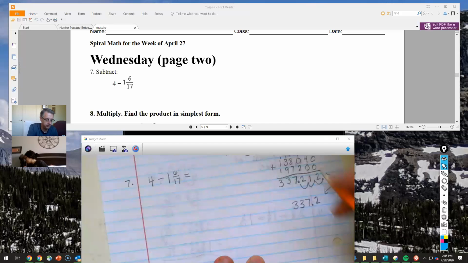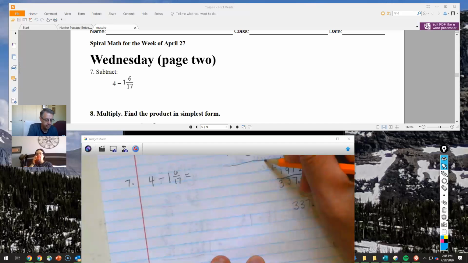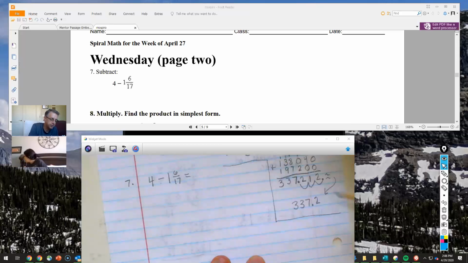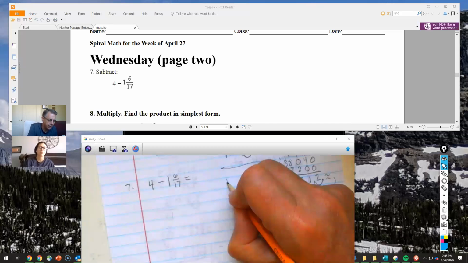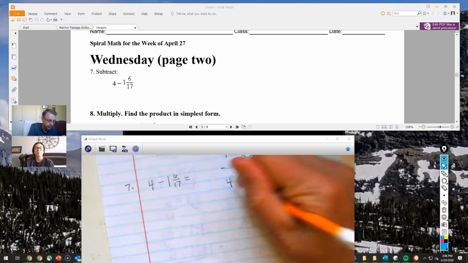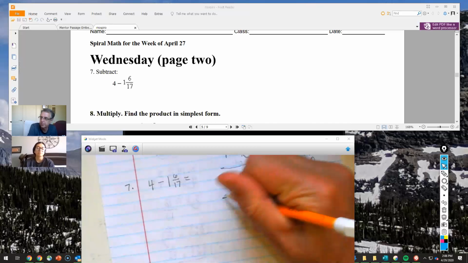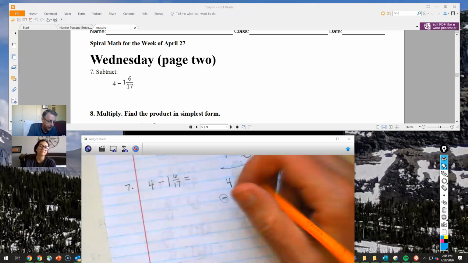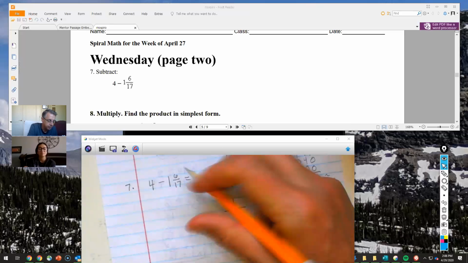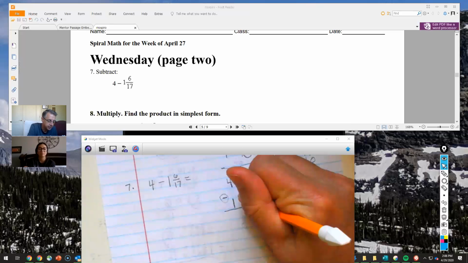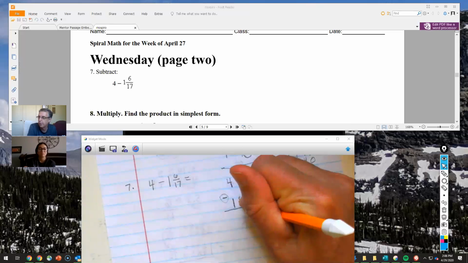I'm just going to move this over on the side here so I have some space. Now, when I go vertically, I line up my whole numbers. 4. I'm going to circle my expression so I remember that I'm subtracting and not adding. And then I have subtracting 1. I'm going to put my fraction by my 1, 6/17, right next to the 1.